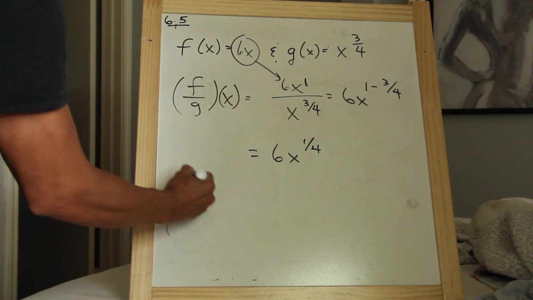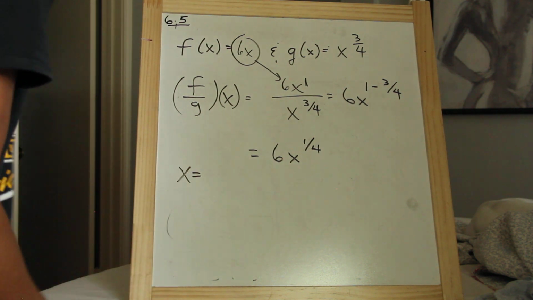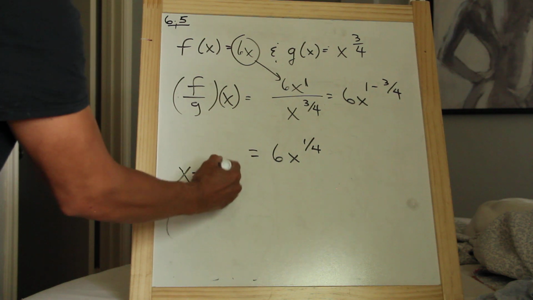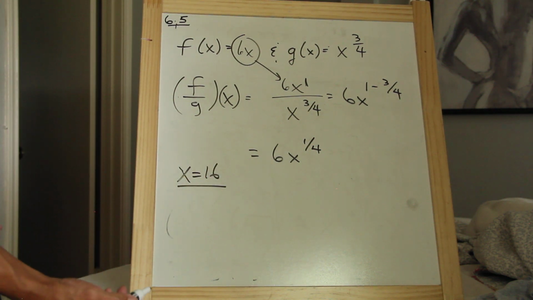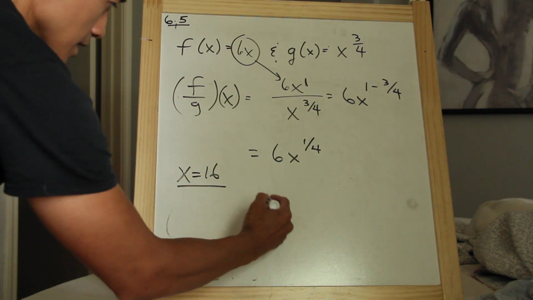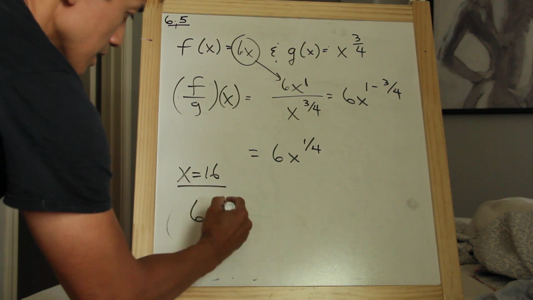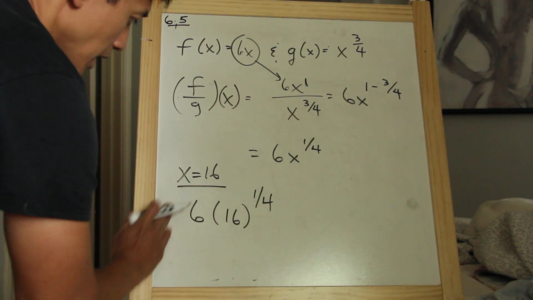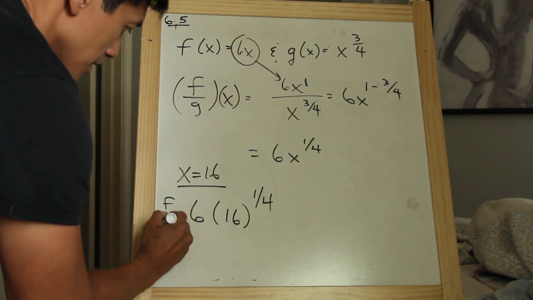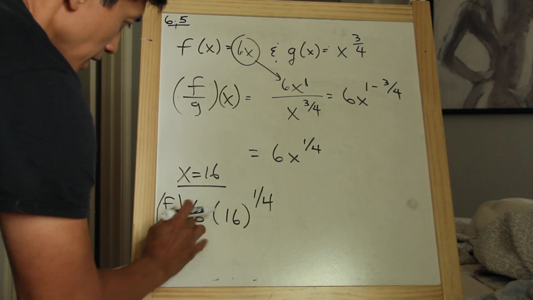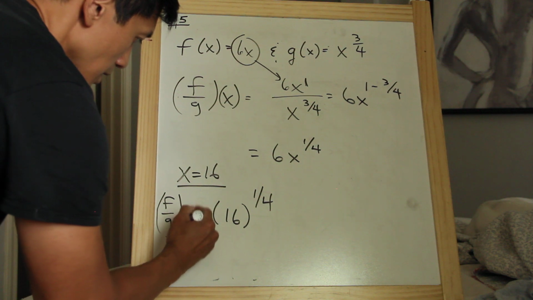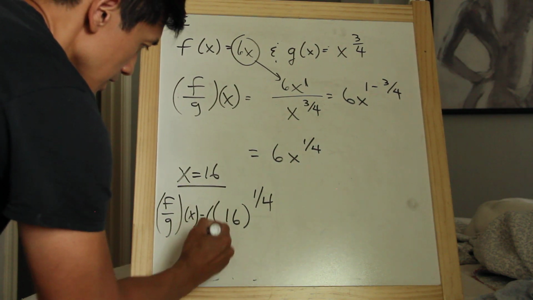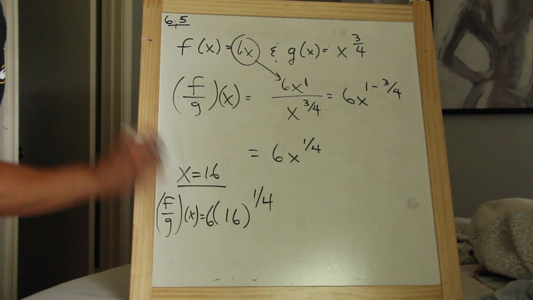Now we evaluate it when x equals 16. That means 6 times 16 to the 1/4 power. So f divided by g of 16 is equal to 6 times this.